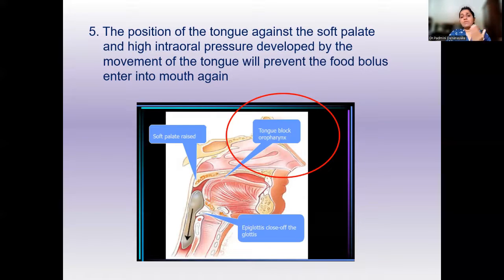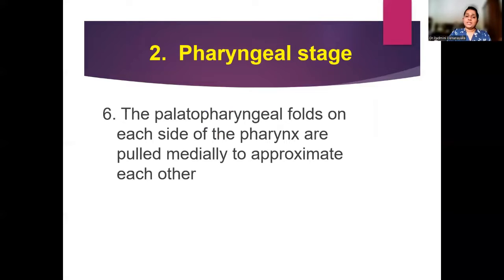So it will prevent the food from entering back into the mouth because of the increased intraoral pressure. The tongue is responsible for that. Right. Now we are safe. We have closed all three dangerous pathways.